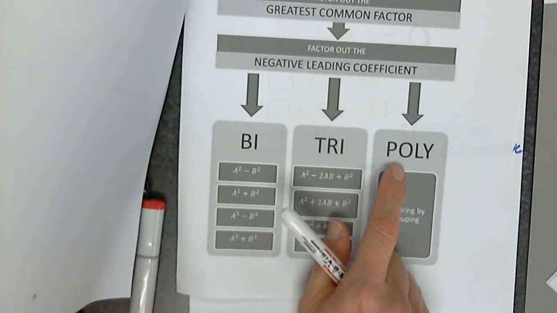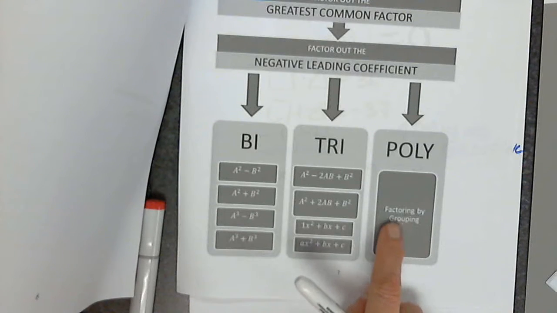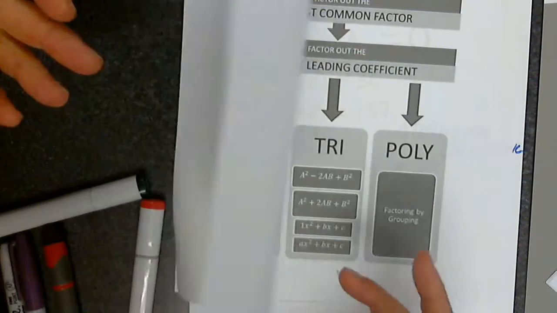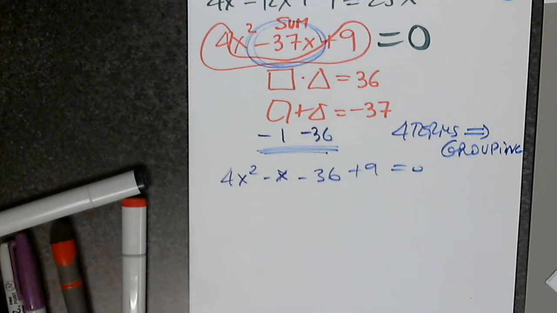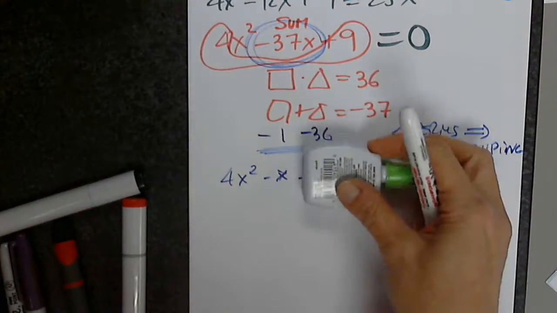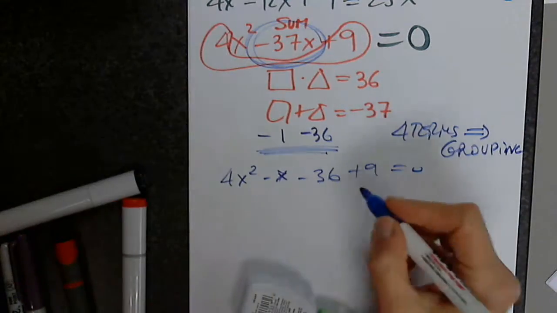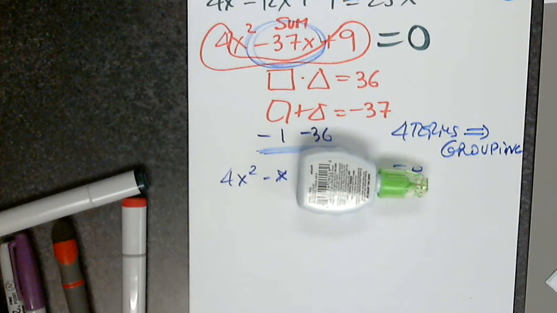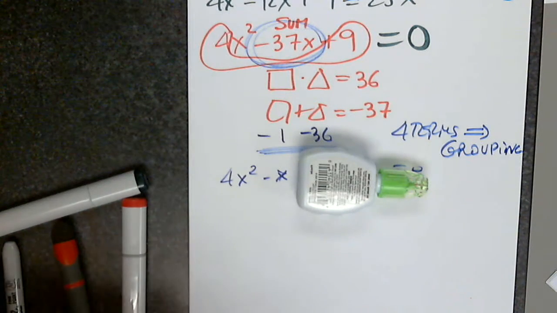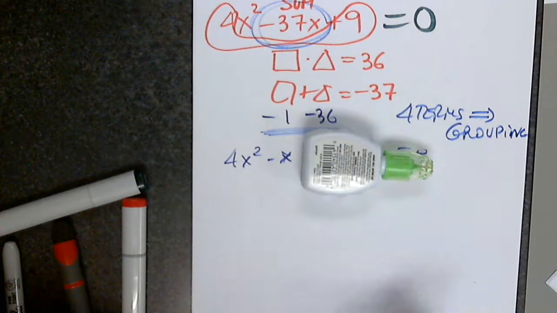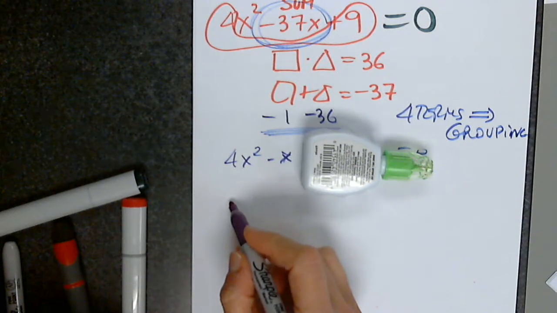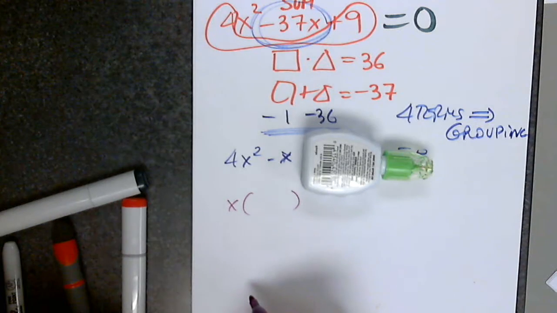Any polynomial with 4 or more terms, my only chance is this, grouping. Okay, so I will group. I will look later. So right now I want to factor out the greatest common factor from the first two. What do I factor out? Good. What is left in parentheses?